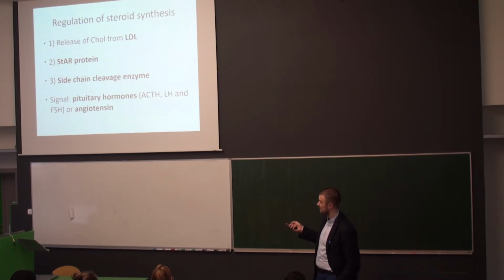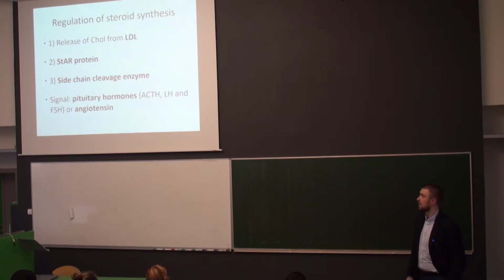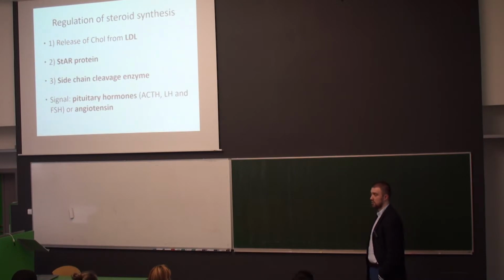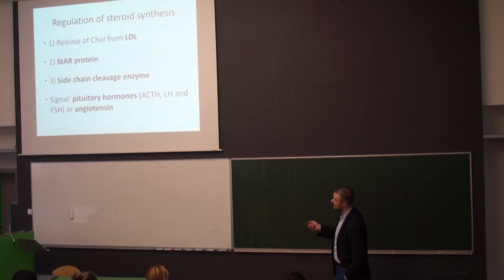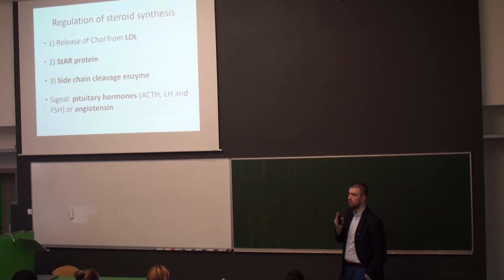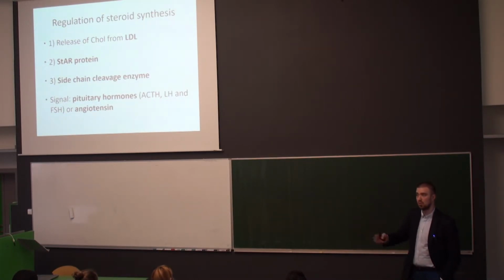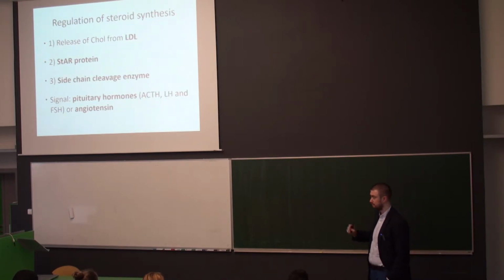And then angiotensin. Angiotensin is the molecule that sends the signal for aldosterone production. But angiotensin is not produced in the pituitary gland. It has some complex metabolism, and it is part of the axis called renin, angiotensin, aldosterone. Yes, and about this axis you will learn later.